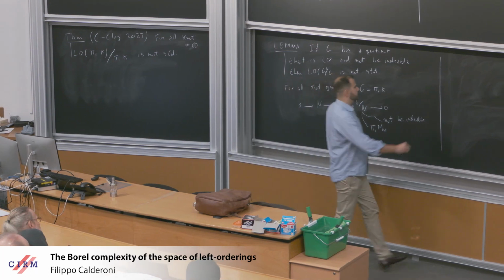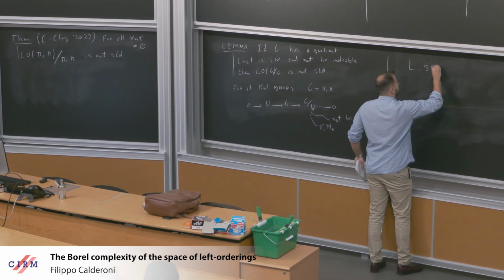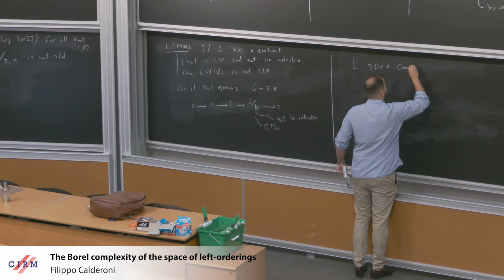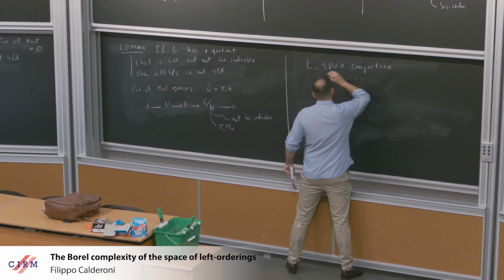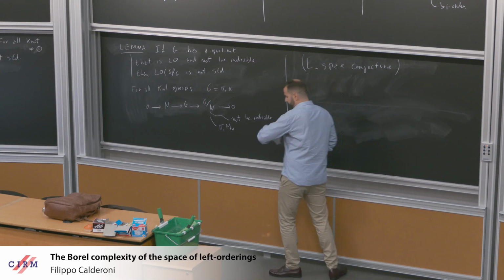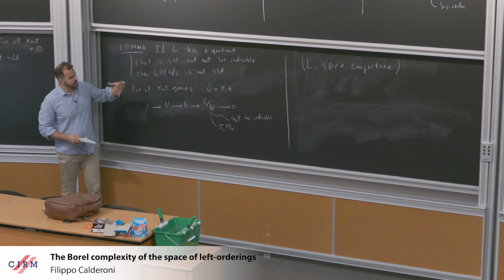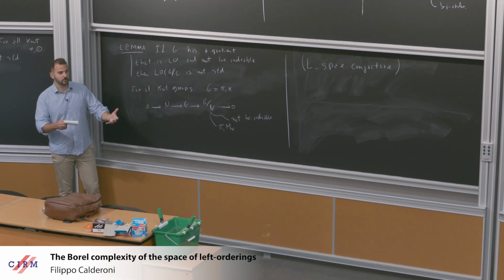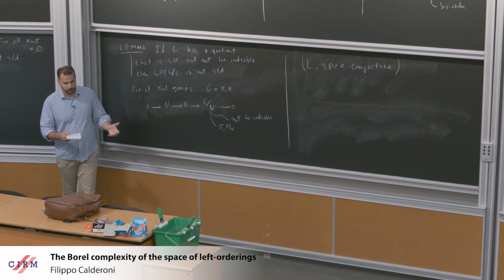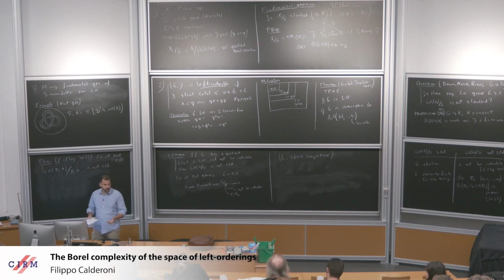So there is something called the L-space conjecture. I'm not writing the conjecture because I don't think I have time, but this conjecture is saying that the fundamental group of a compact, closed, connected three-manifold is left orderable if and only if we have a certain condition on a form of homology, which is a topological invariant.